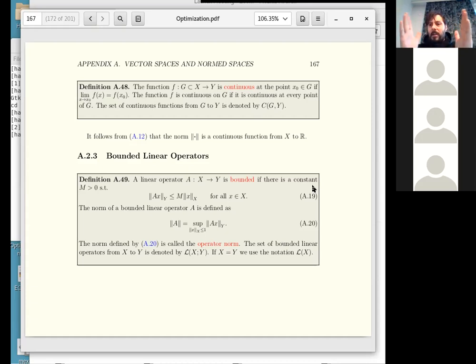and mostly we can think it's a square matrix, because we will be talking about the second derivative, and our second derivative is going to be a square matrix. So the norm of the matrix is simply the maximum length of a unit vector when you multiply it with this matrix.